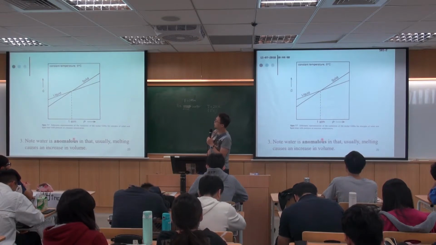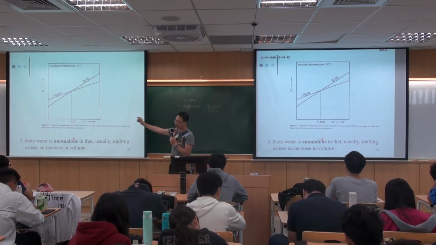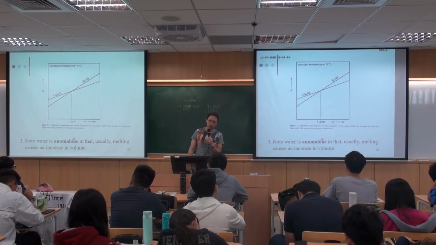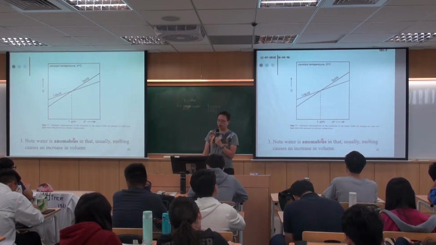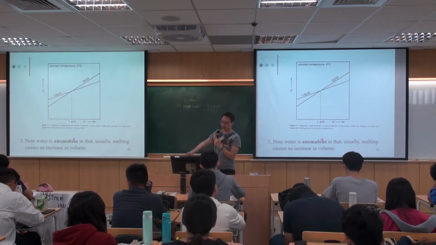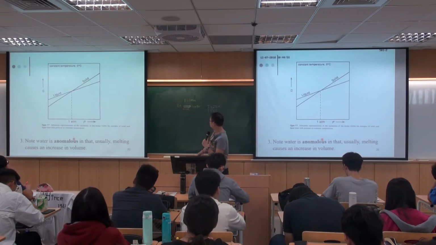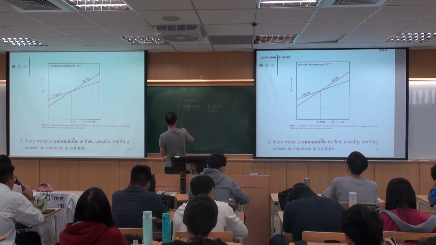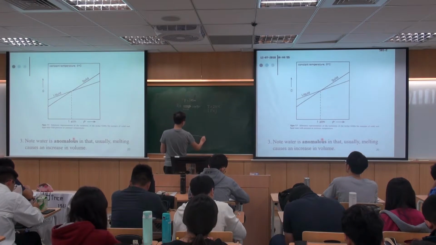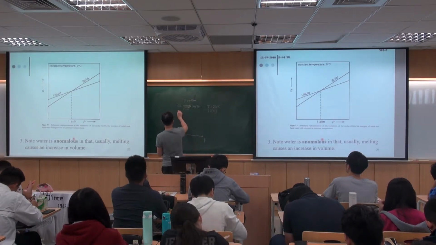Okay, and if you plot the Gibbs free energy for liquid phase and solid phase water as a function of pressure, this will be what you have. So now the axis will be pressure.